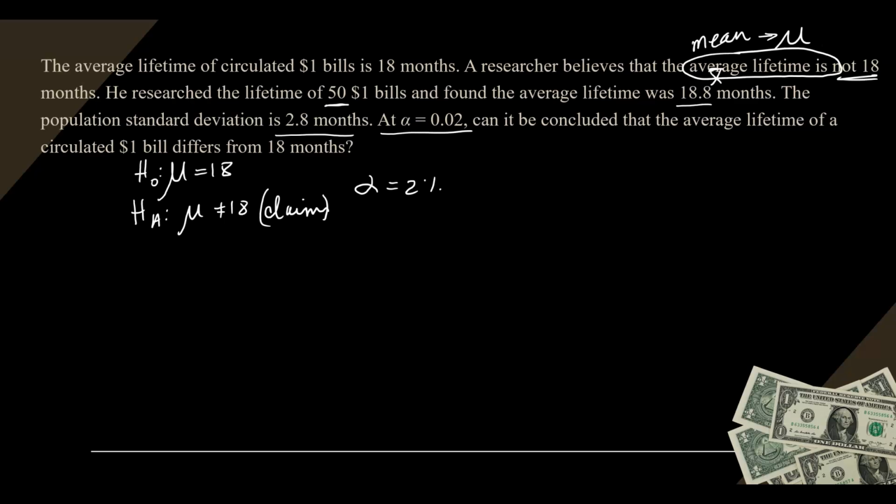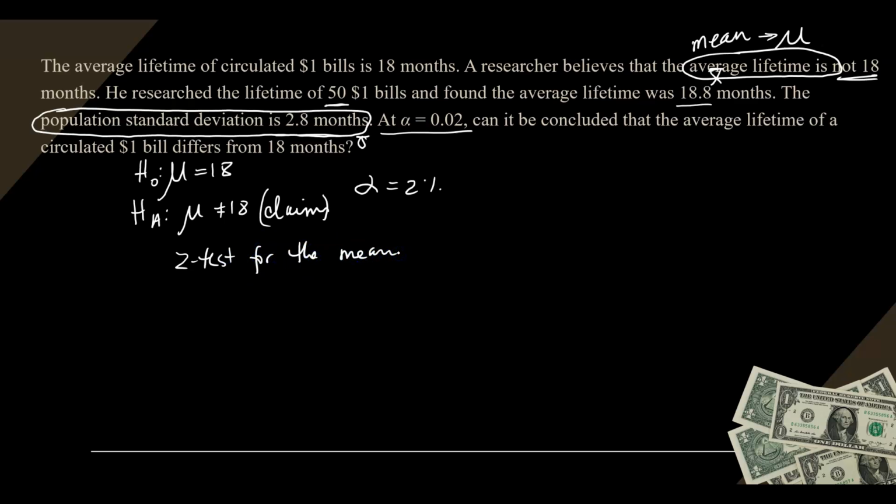So let's see what we have here. We've got the population standard deviation, the sigma, so I should be able to perform the z-test for the mean.